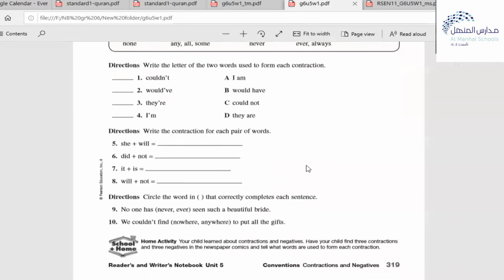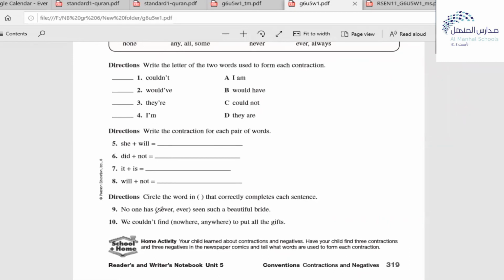Let me scroll up. Here it says, circle the word in parentheses that correctly completes each sentence. In this case, we're going to circle.